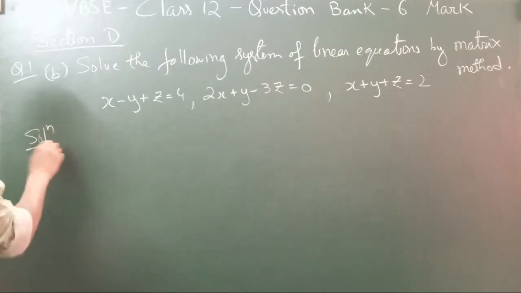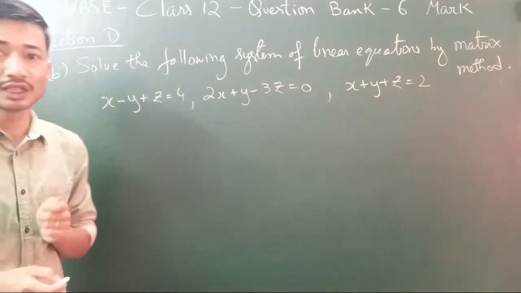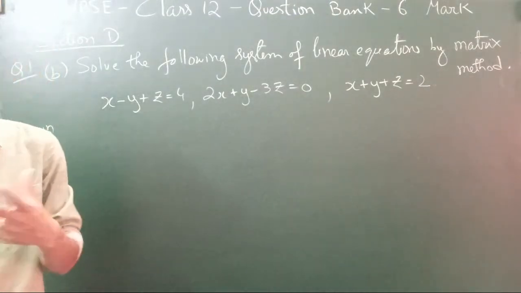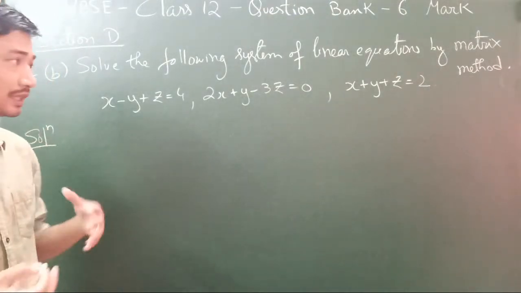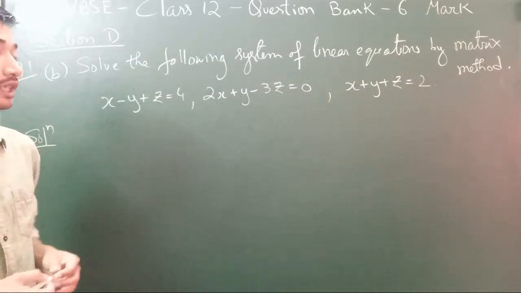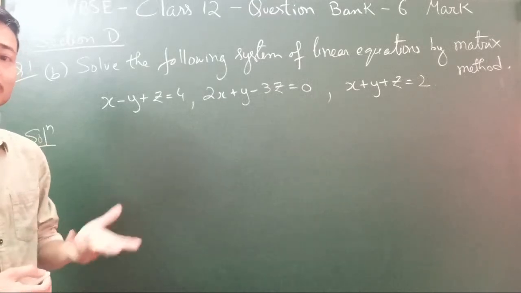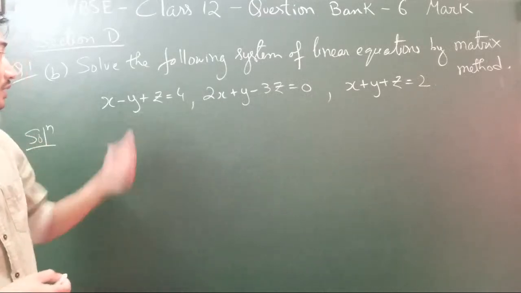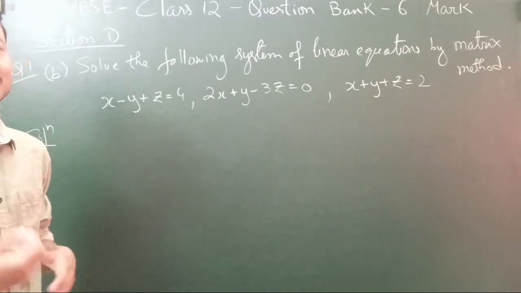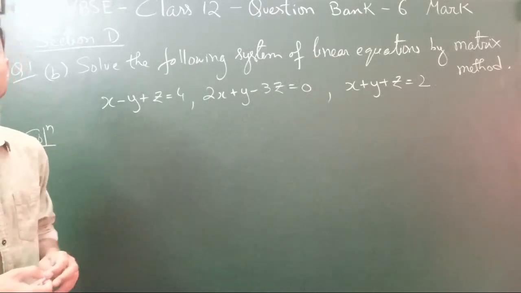The first question, of course, I'm not doing that A part because that is using elementary row transformation. So I guess that is slightly out of the reduced syllabus, so we will be omitting it for now. Most of course this is normally a very common question that is generally asked in your board exams in NBSE.